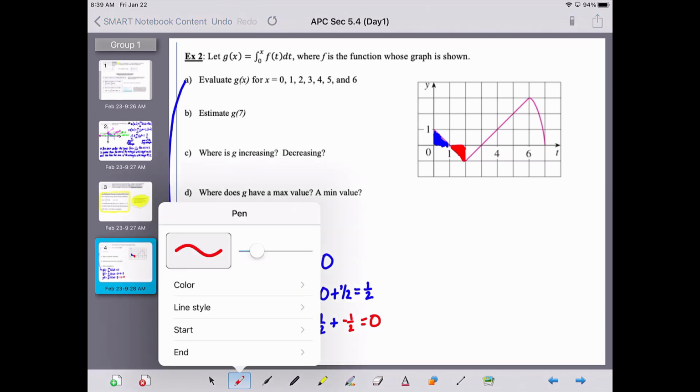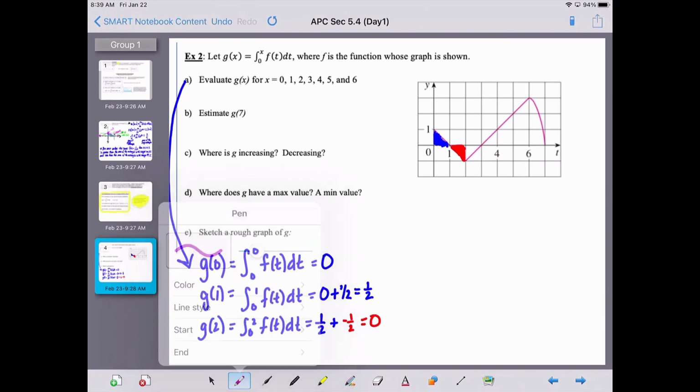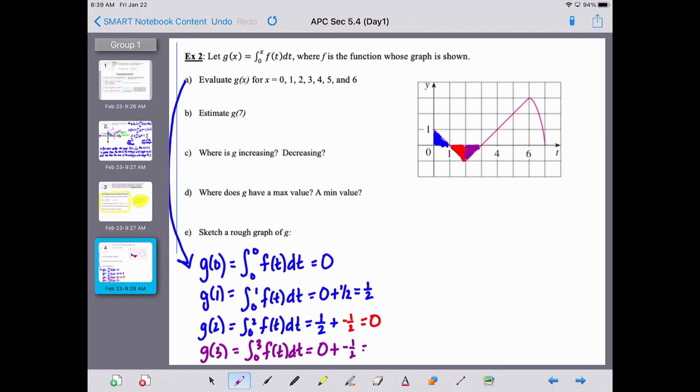G of 3, the integral from 0 to 3 of f of t dt is going to be equal to what we had from 0 to 2, which was 0, plus, now we're adding on another negative 1/2. So now the value of our integral is negative 1/2.